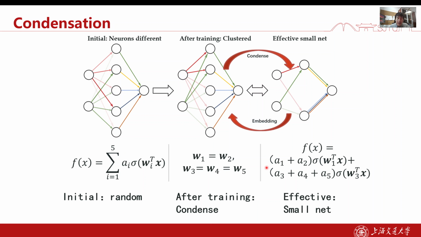This neural network of 5 neurons will be equivalent to a network of only 2 neurons. So the effective number is much smaller than the superficial number. That means this over-parameterized neural network actually has low complexity.